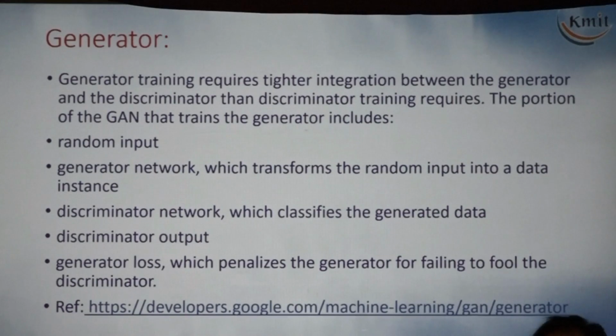By using backpropagation, based on the loss calculated, we have to update the weights, W1, W2, W3. Am I correct or wrong? Clear? Now, if you train the discriminator, you can modify the weights of the discriminator, there is no problem.